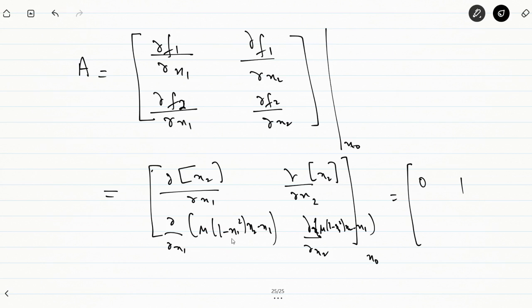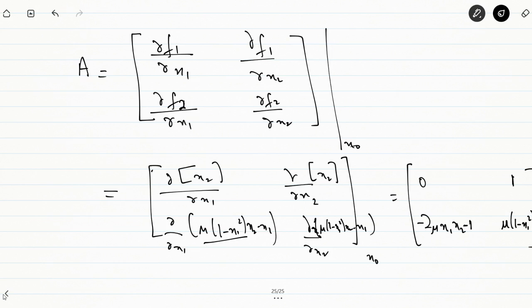This is mu x2 minus mu x1 square x2, that is mu x2 gives 0, this is minus 2 mu x1 x2, okay, and minus x1 simply becomes -1. And then when we differentiate this equation with respect to x2, all these terms become constant, so here mu (1 minus x1 square) will come.